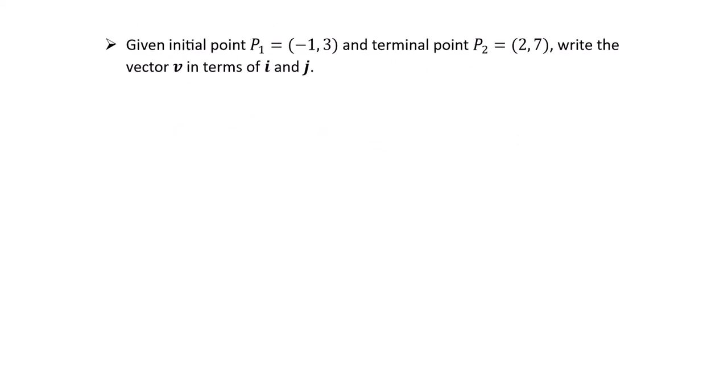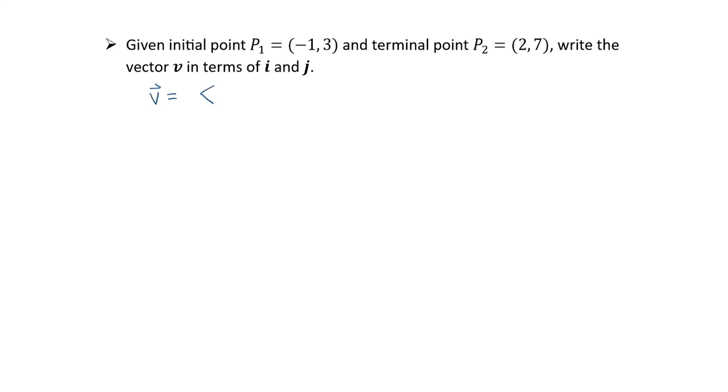Given initial point p1 equals (-1, 3) and terminal point p2 equals (2, 7), write the vector v in terms of i and j. So first we need to find the position vector.